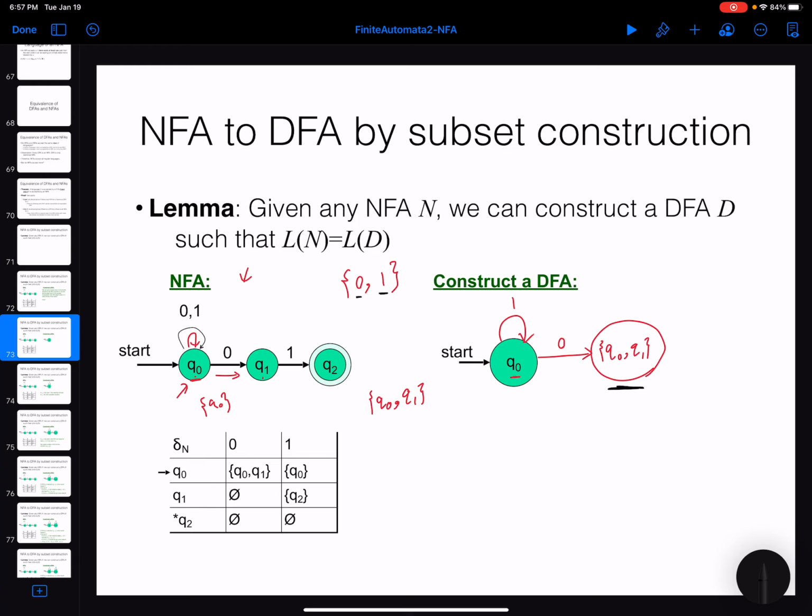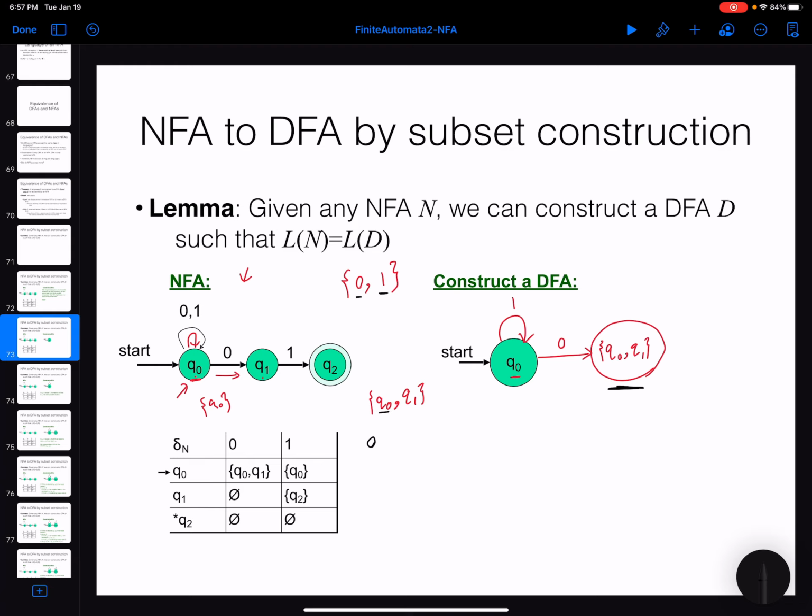Because I have two states, I have to write down all the outputs. What would happen if I am at Q0 and I see a 0? What would happen if I am at Q1 and I see a 0? So for the possible transitions of 0, I should just follow this.